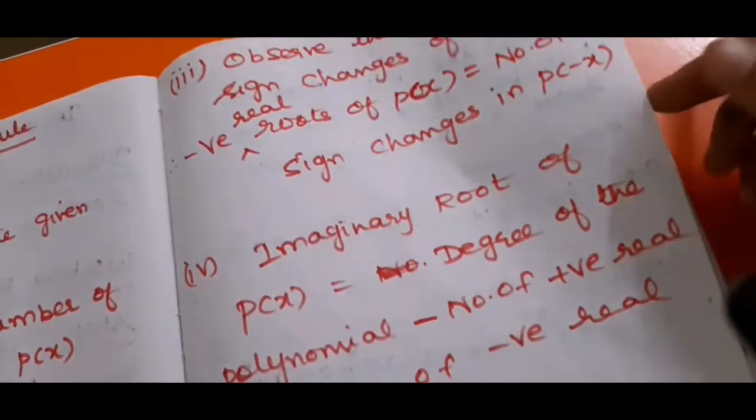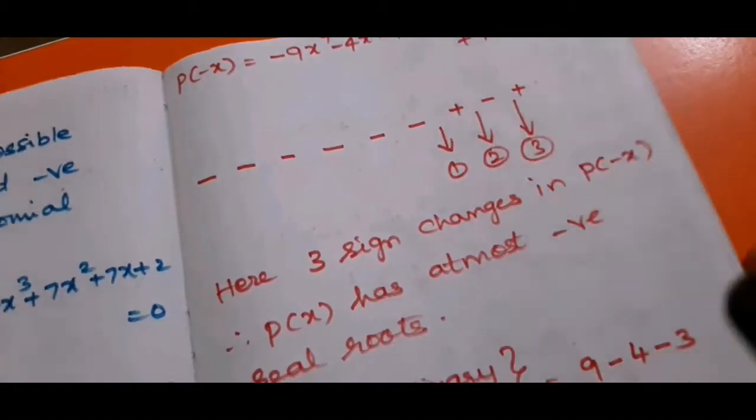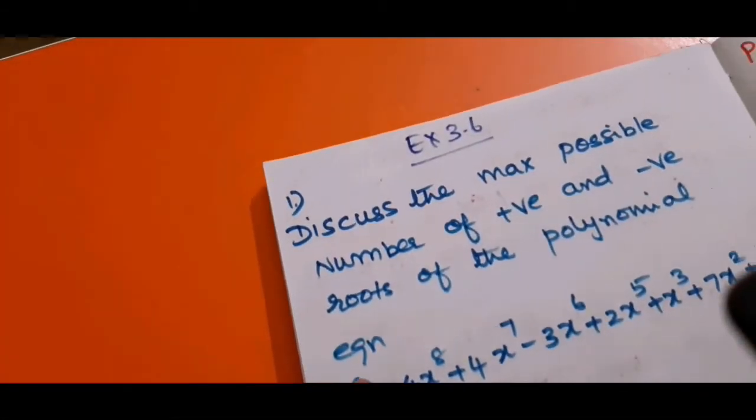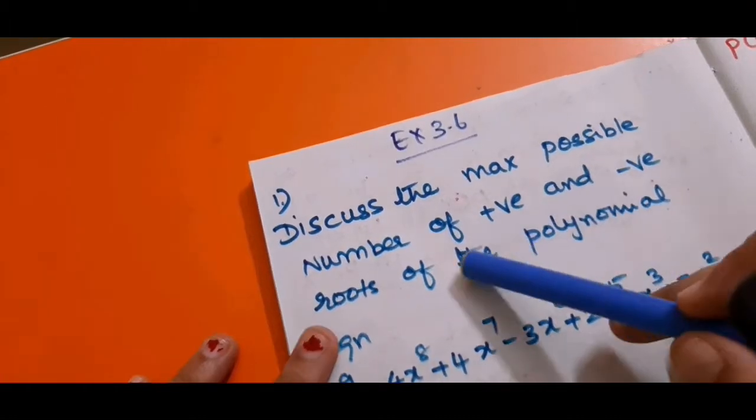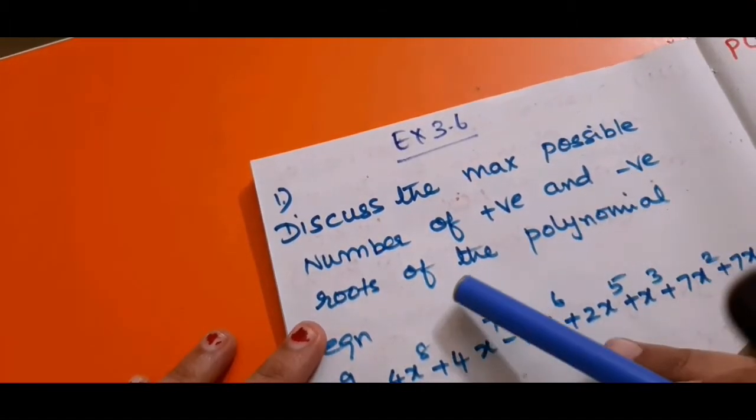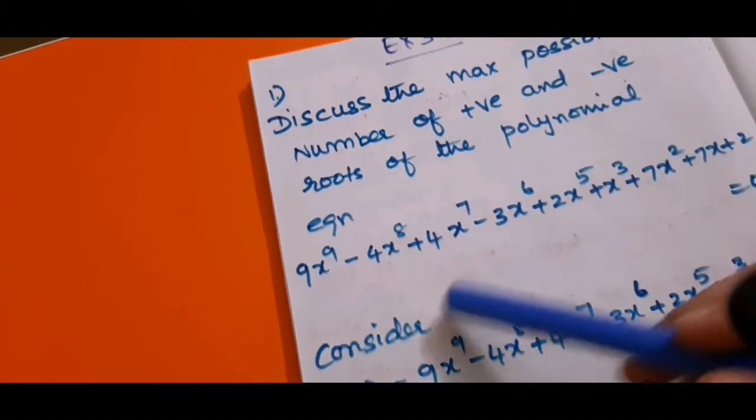Let us see one example. Exercise 3.6: discuss the maximum possible number of positive and negative roots of the polynomial.